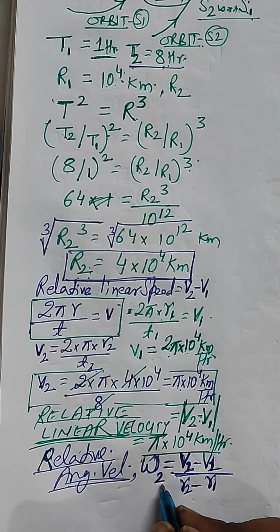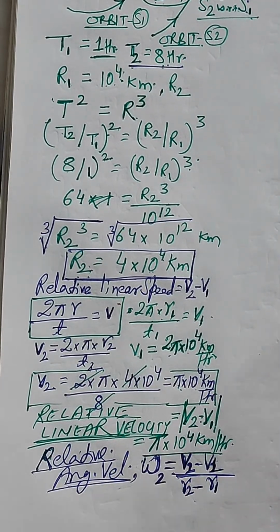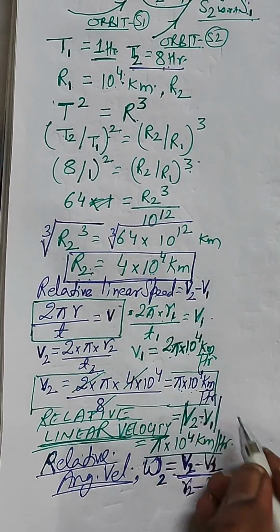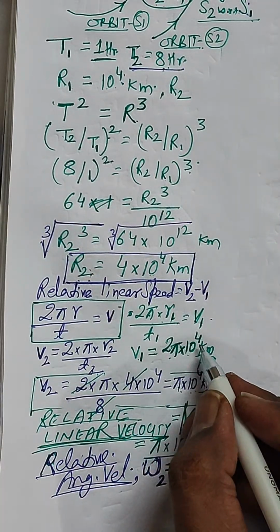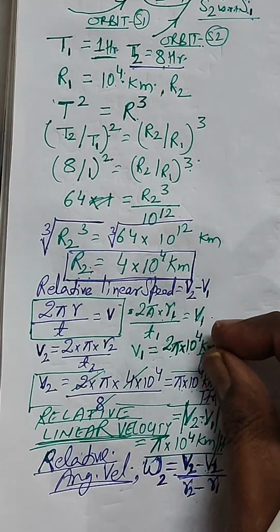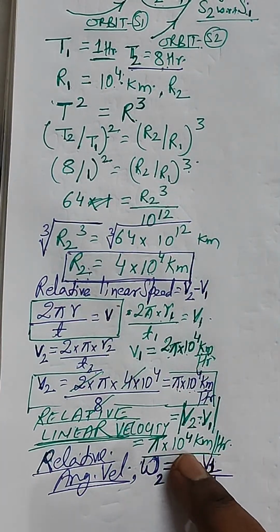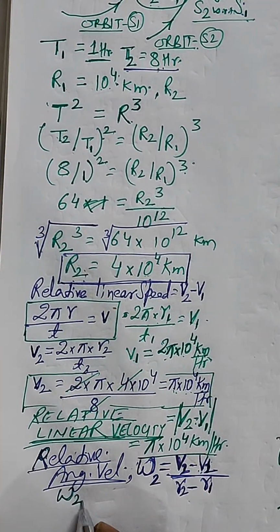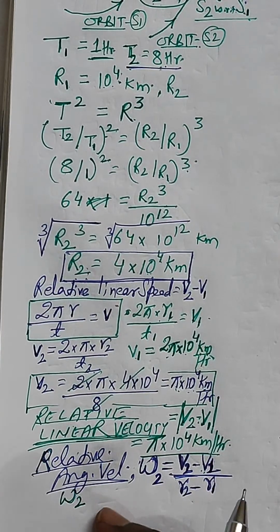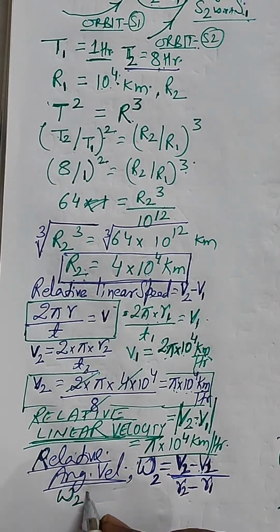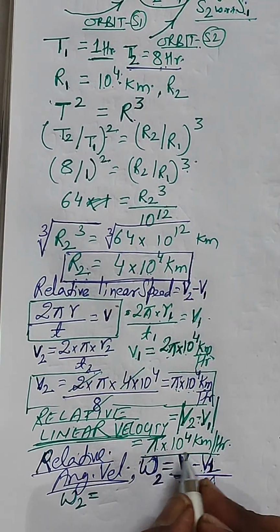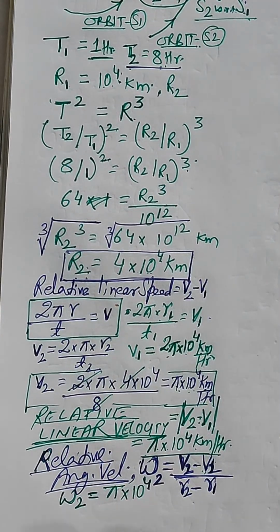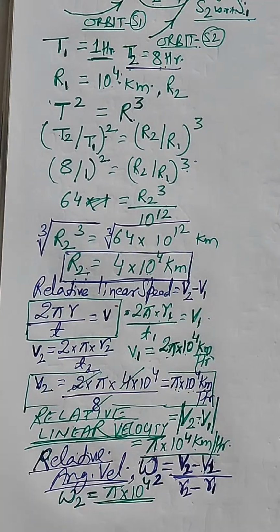So here omega 2 can be calculated by putting in the value of V2. V2 is pi into 10 power 4 and V1 is 2 pi into 10 power 4. So V2 minus V1 we have already calculated, pi into 10 power 4. So this omega 2 can be written as V2 minus V1, whose value is pi into 10 power 4 kilometer per hour, divided by R2 minus R1.